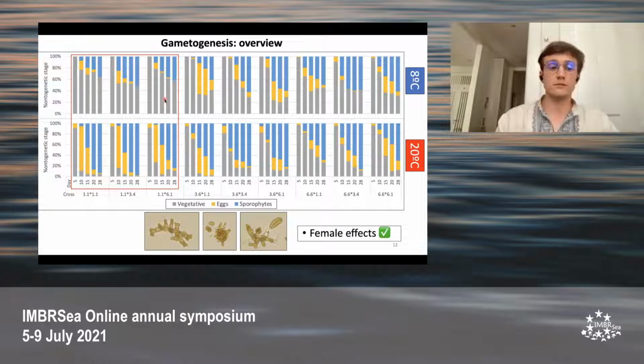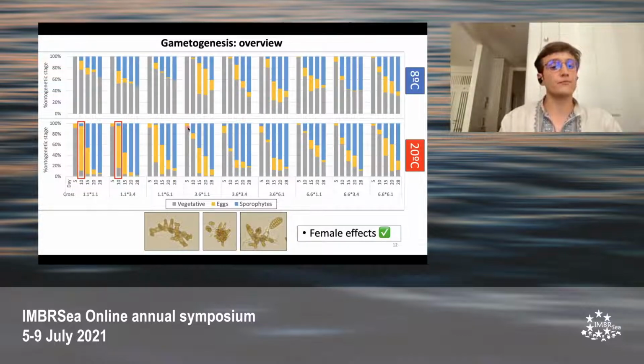Then to quantitatively estimate gametogenesis, first we looked at the speed, and for this we looked at day 10, as 2 of the crosses are almost saturated already in reproductively active females, and looking at a later day, we would lose some data on these crosses.